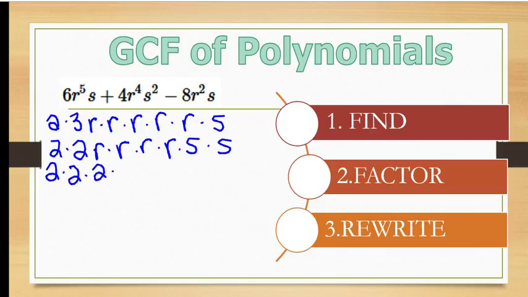Then we have times r times s. So in every single term we see a 2. We also see 2 r's and 1 s.